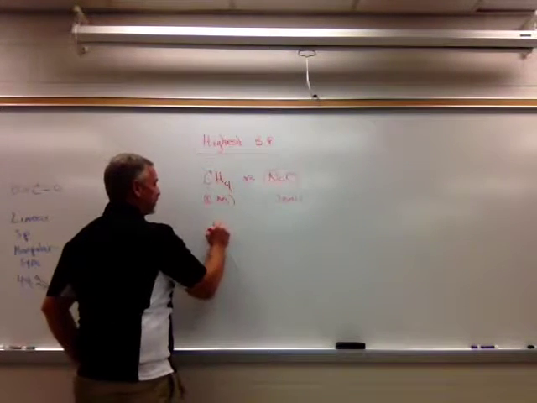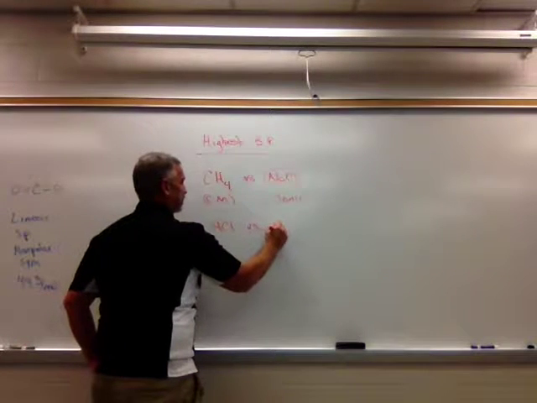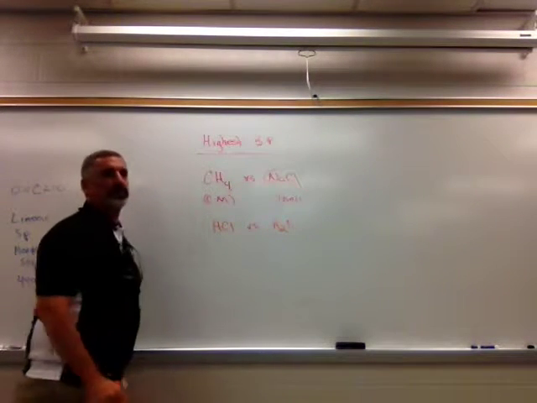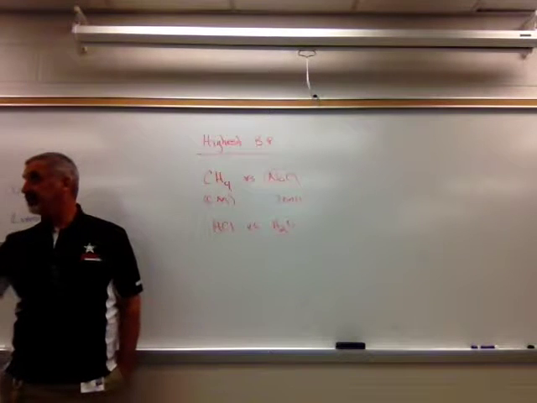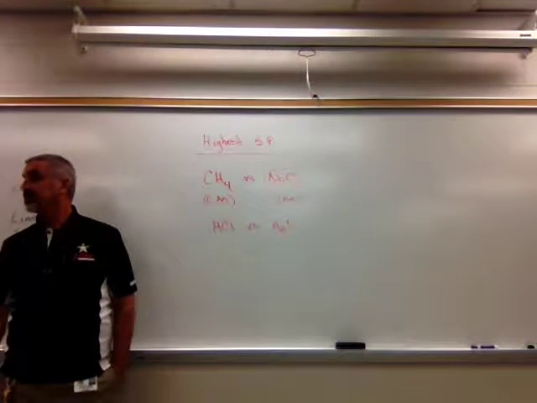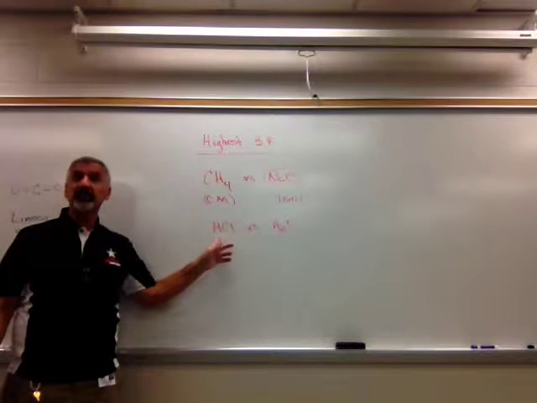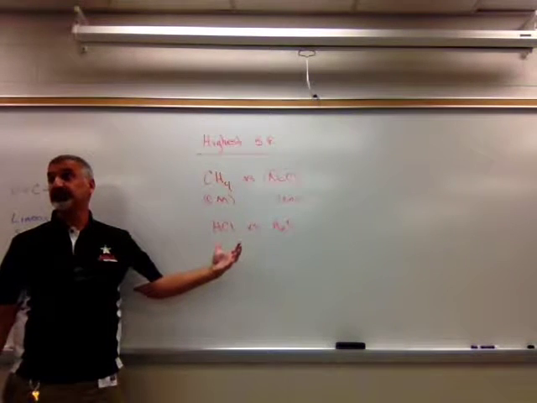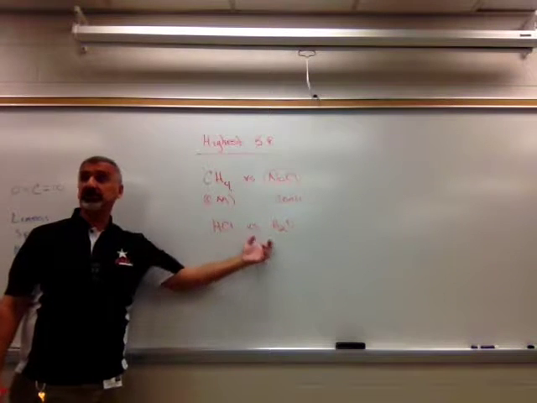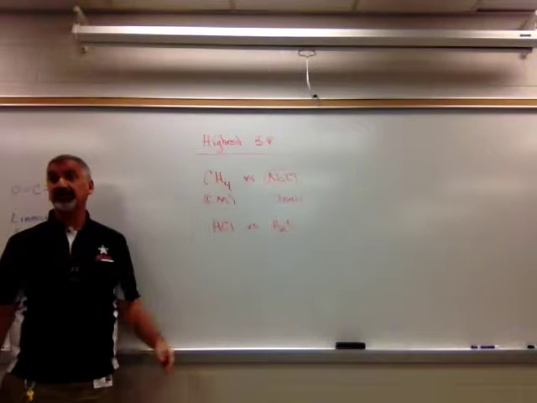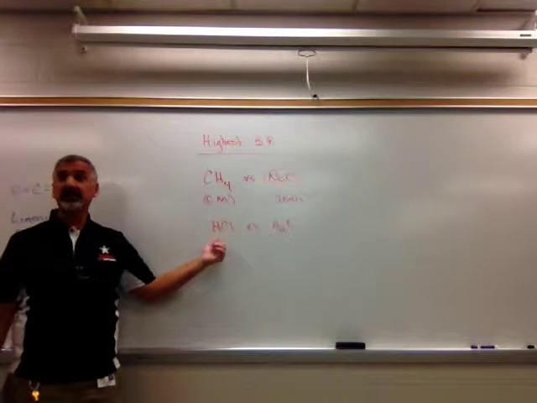If we wanted to compare HCl to H2O. Why H2O? Because hydrogen bonds versus HCl, HCl is going to have what? Dipole-dipole, and they both have London forces. Now, whose London forces would be stronger? HCl. Okay? Because it's got more electrons in the electron cloud.